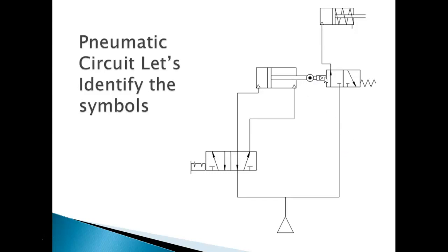So when this guy comes out and hits this, it is shifting to where its normal position is leading up to this cylinder and pushing it out. When it shifts over, it releases it to move back. This up here is a single action cylinder with a spring moving it back into regular position. Questions on that? Okay.